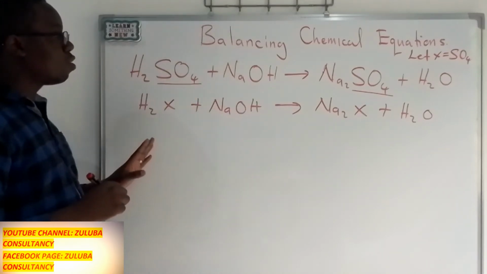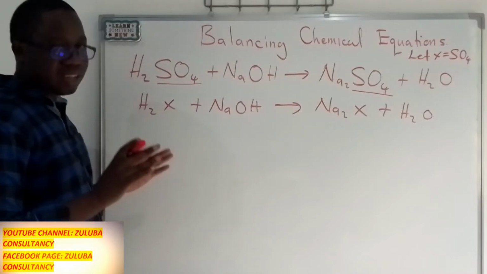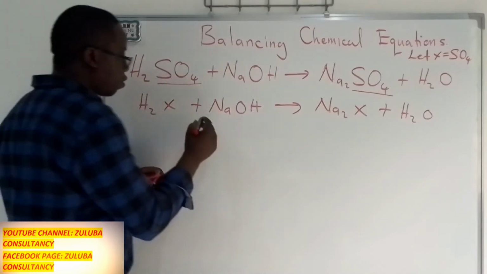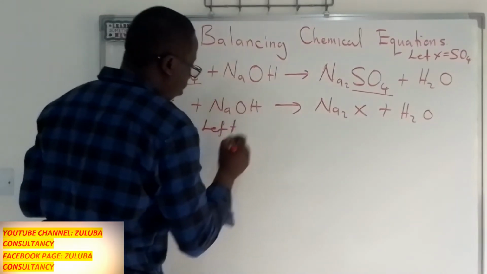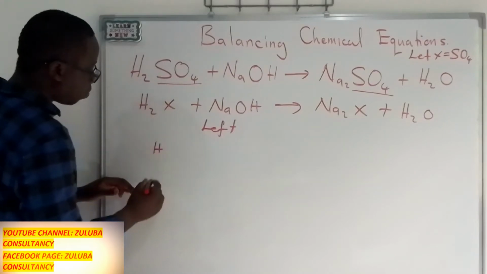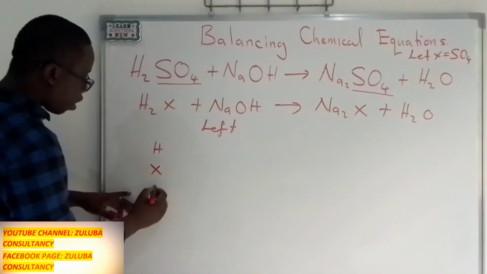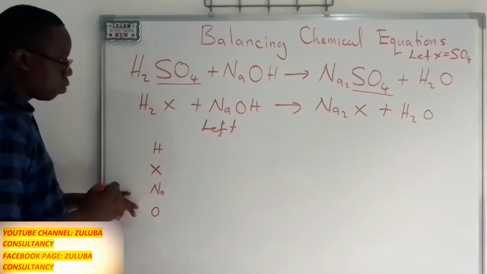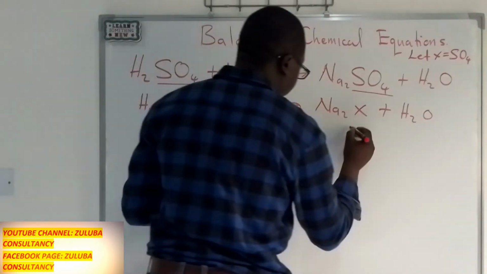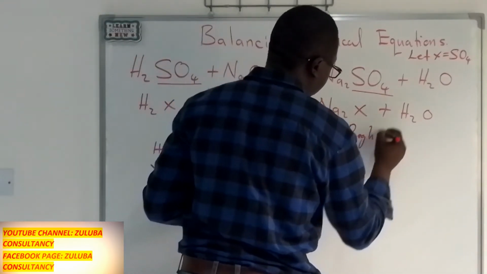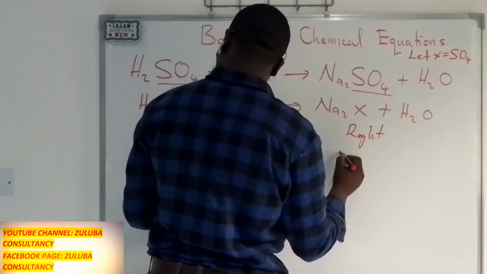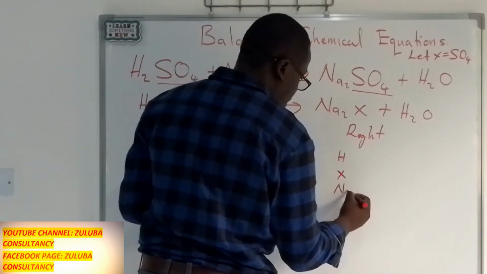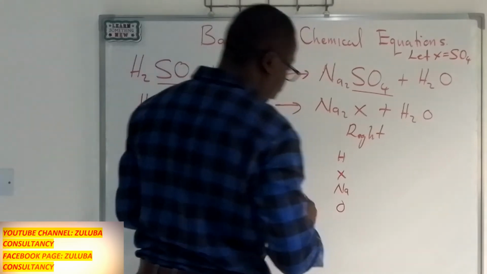So after you do this, you now list down the atoms that are on both sides. So on the left side, we now have hydrogen atom, we have X, we also have sodium and oxygen. On the right side, we have hydrogen, we have X, we have sodium and oxygen.